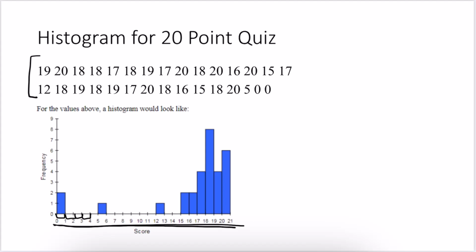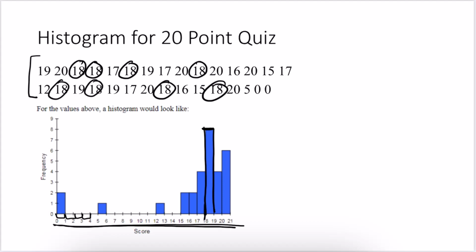If we look at the scores, and let's say we want to see how many people scored an 18 on this quiz, well, there's 1, 2, 3, 4, 5, 6, 7, and 8 people who scored an 18. And so this bar right here goes up to 8 because that's the number of people who scored between 18 and 19 on their quiz.